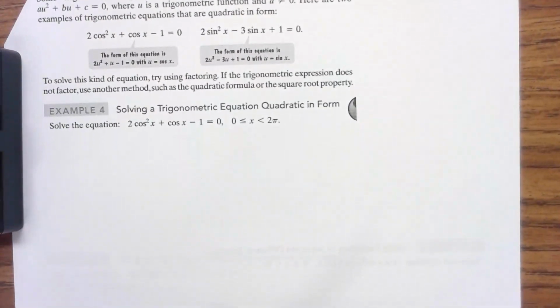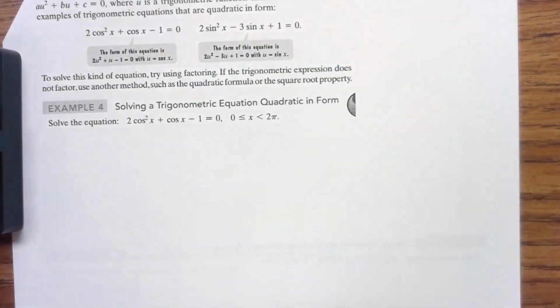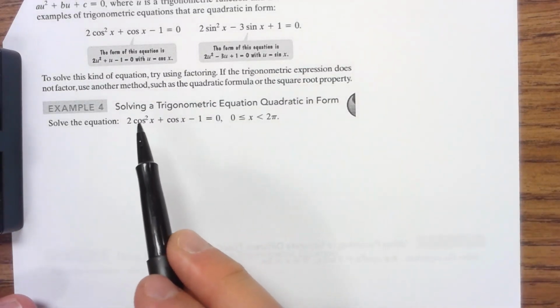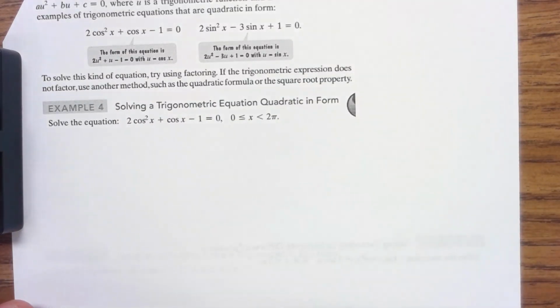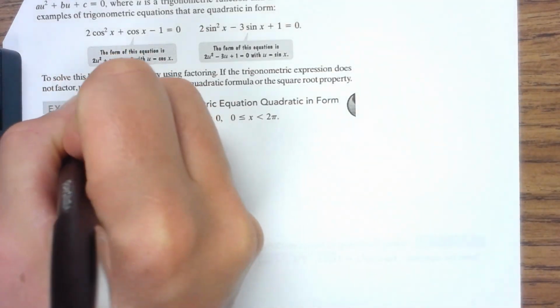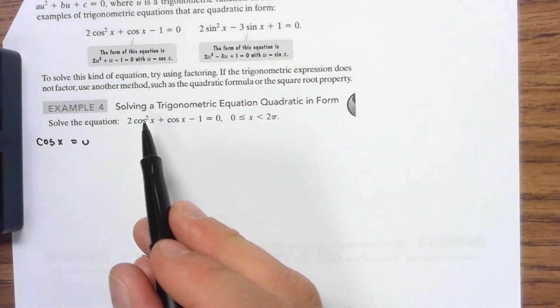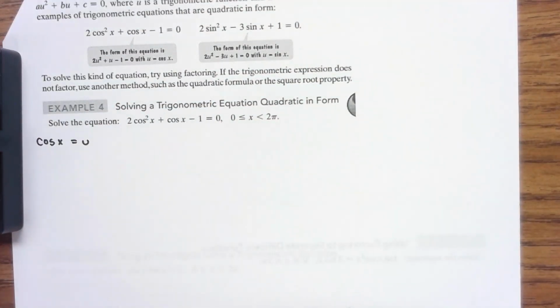So basically, when we're doing this, we recognize the complicated part, or the part that can be replaced to allow this to look like a quadratic that we're used to. So I'm recognizing that I have a cosine squared and then just a cosine. So I'm going to let cosine of x equal u. And what I'm going to do is replace every cosine in this equation with the letter u.